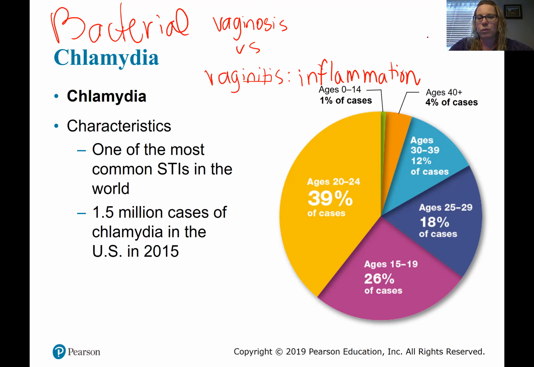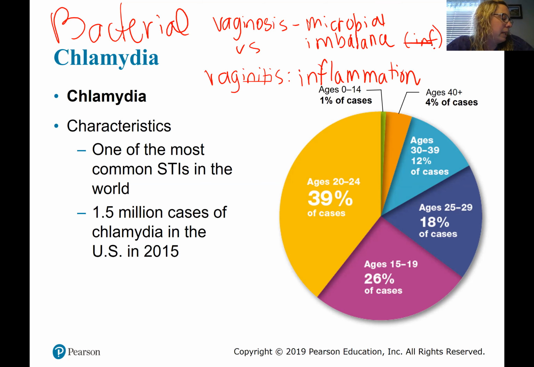It could be due to many different things. But vaginosis is where you have a microbial imbalance, or there could be even an infection. And vaginosis is basically identified by a foul smell and perhaps a discharge.